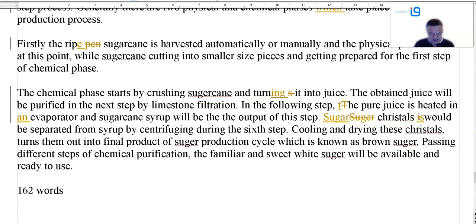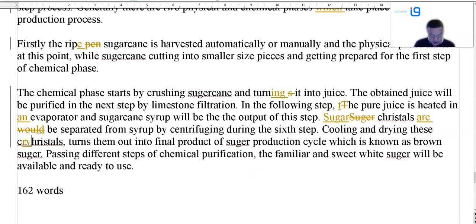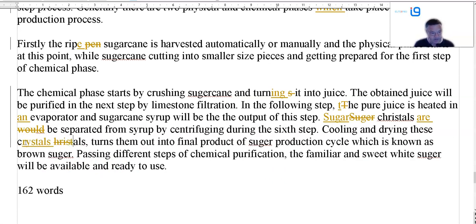Crystals are separated from syrup by centrifuging during a step, cooling and drying these crystals, turning them into the final product of the sugar production cycle.